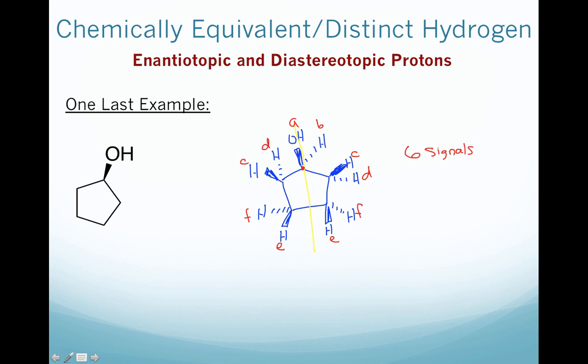Now, if you want to think about the types of relationships, especially between some of these protons on the ring, so protons C and D, if you were to replace those with an X, you would see that you formed a pair of diastereomers, so they're diastereotopic. Same thing for E and F, they're diastereotopic.